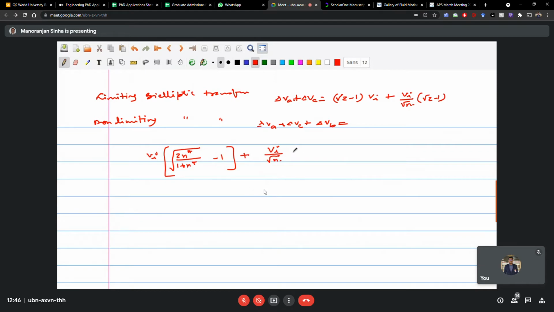So VI divided by n star times. You should not try to memorize all these things because they are very easily workable. And plus VB, which we have written as VI divided by, in this case, root n star. And this VB part can actually be simplified. We can do a little more exercise.